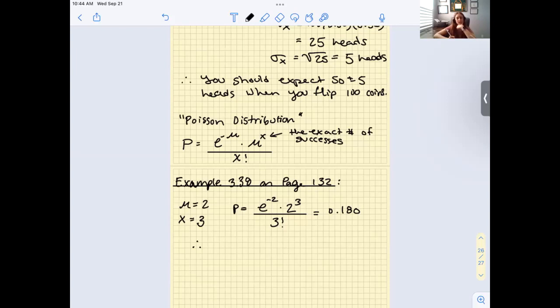And how can you summarize it in your own words? Probability of exactly 3 traps. Yes, exactly 3 traps. So the probability of exactly 3 traps is 18%.